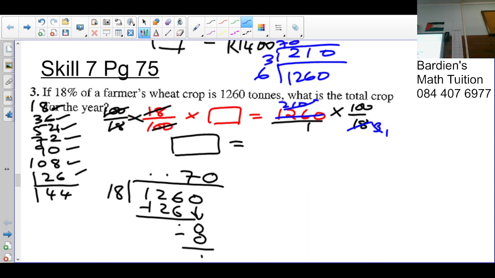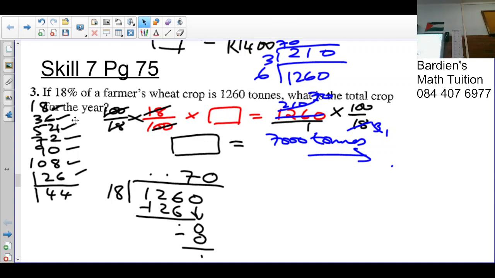Can you see that, people? It's even easier. So that's going to give you 7,000 tons. Okay, instead of the long division, if you are fearing to work with those numbers. Okay, you guys understand?